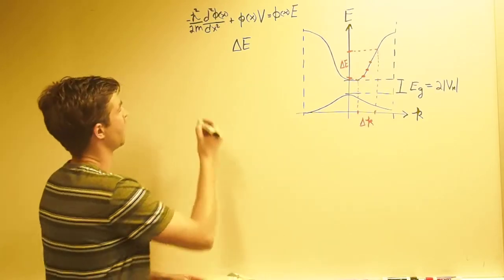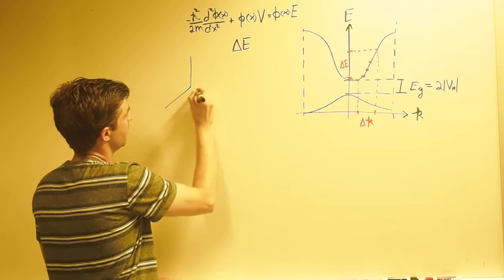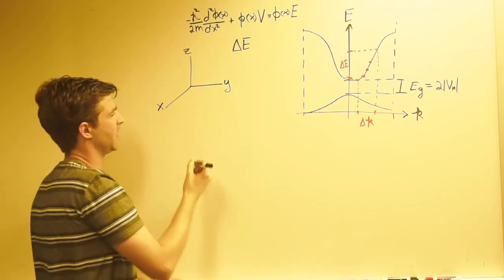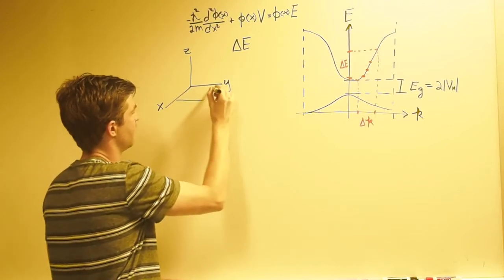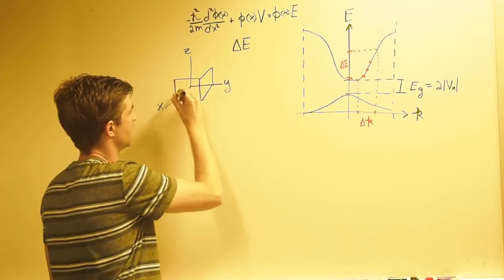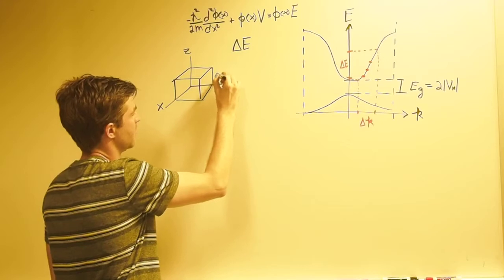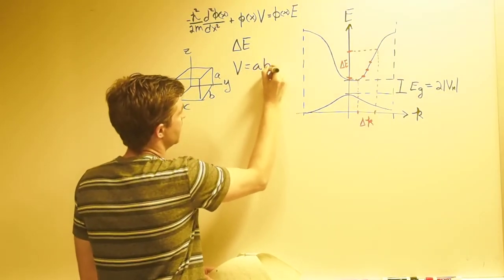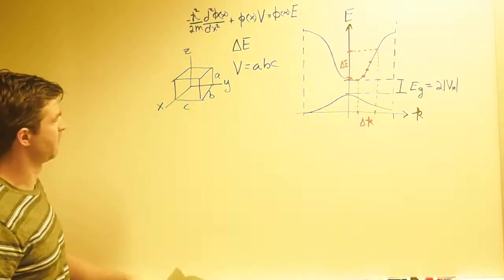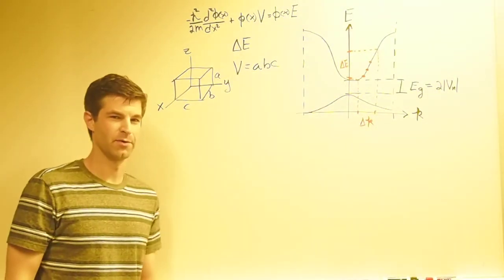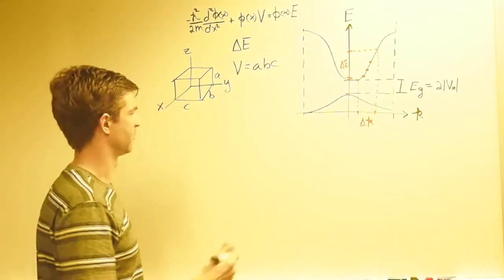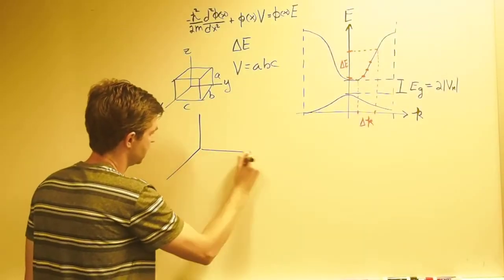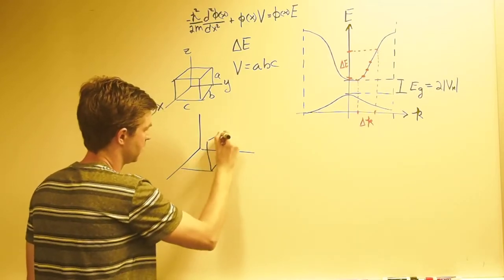Let's look at the real space. In real space, we have an x, y, z axis, and we have a volume with sides A, B, C. And so volume in real space is equal to ABC. Mathematically, the real space really doesn't do a whole lot for us when we're analyzing semiconductors, and that's why we need to go into the reciprocal space.